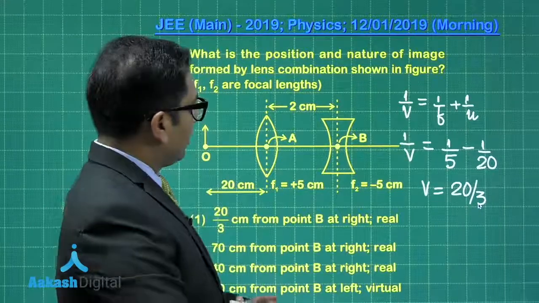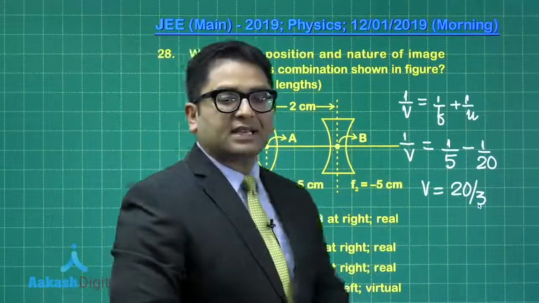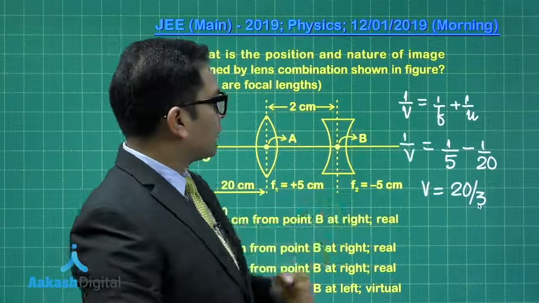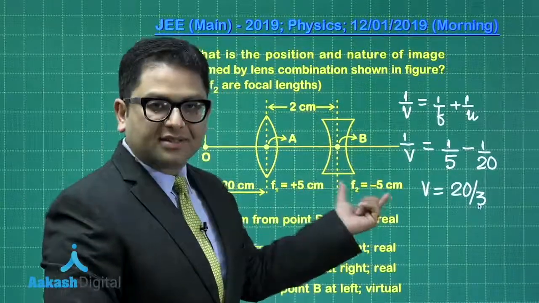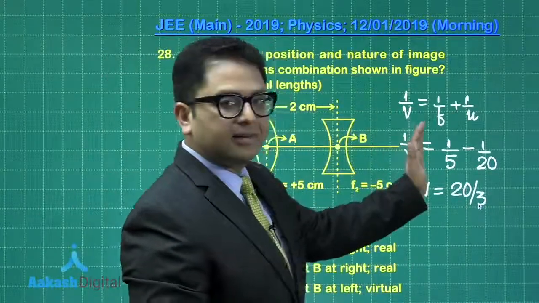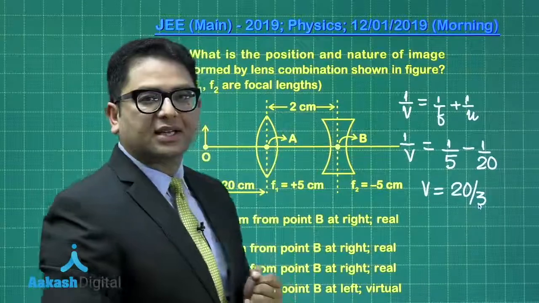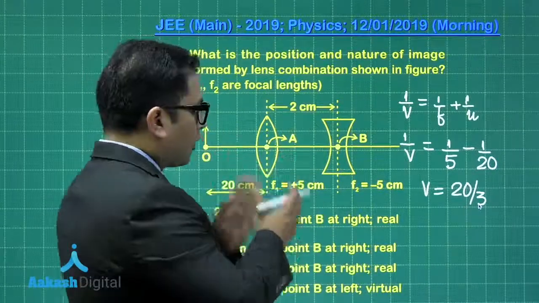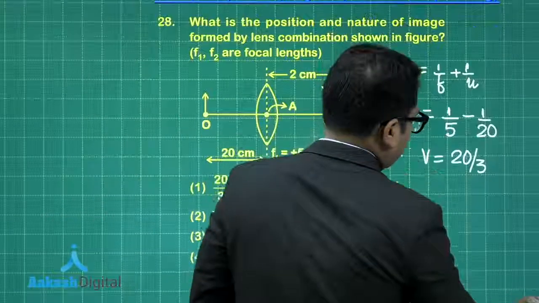That means the image of the convex lens would have formed somewhere here had it not been for the concave lens. If the concave lens was not there, the image would form somewhere here because this distance is 20. But that image of the convex lens will act as the object for the concave lens now.